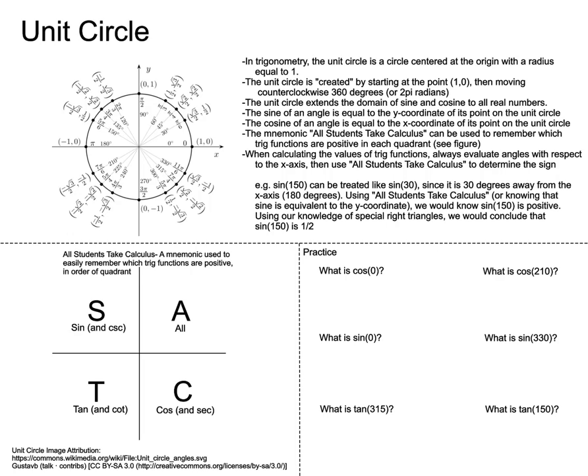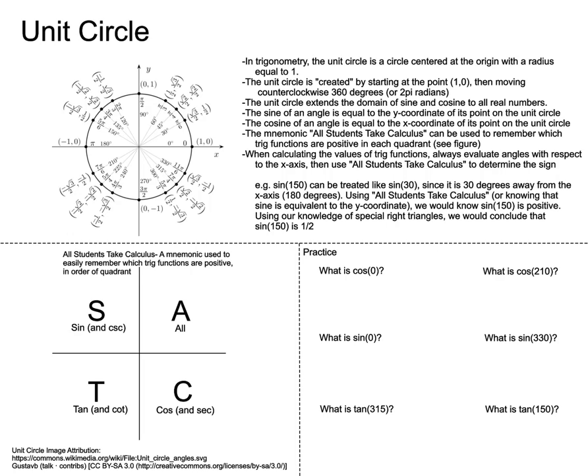The mnemonic "All Students Take Calculus" can be used to remember which trig functions are positive in each quadrant. So if you look at the figure in the bottom left, you'll see that we have A, S, T, and C for All Students Take Calculus. The A means all functions are positive in quadrant 1.